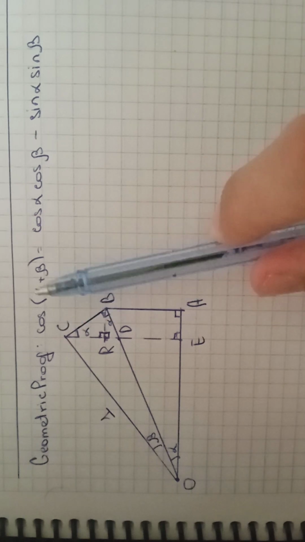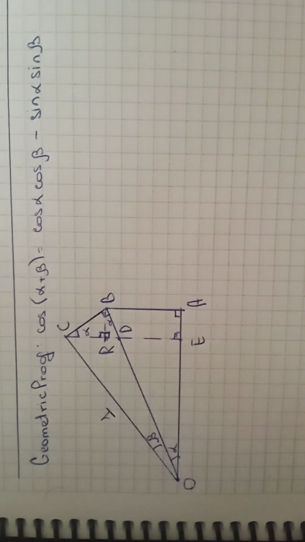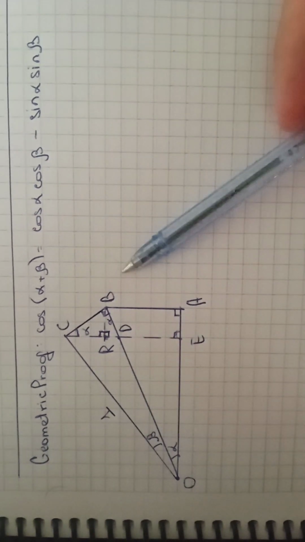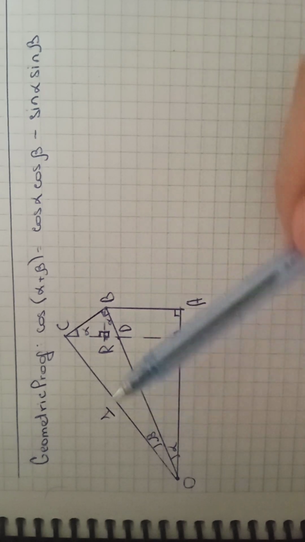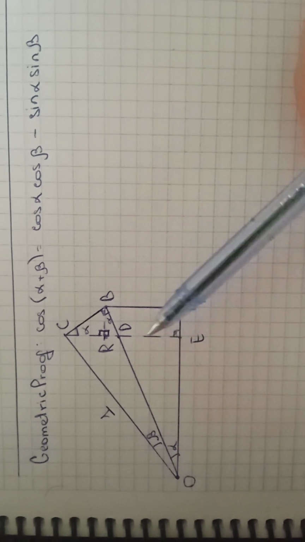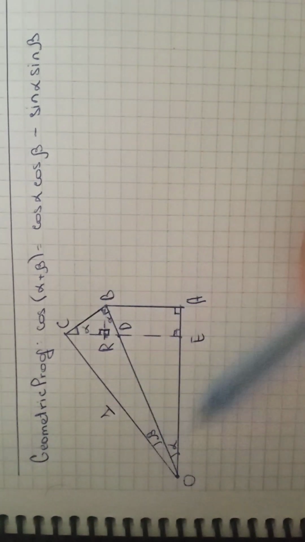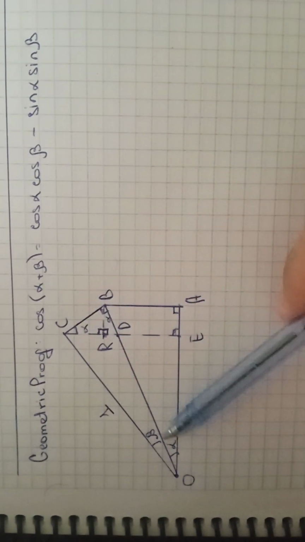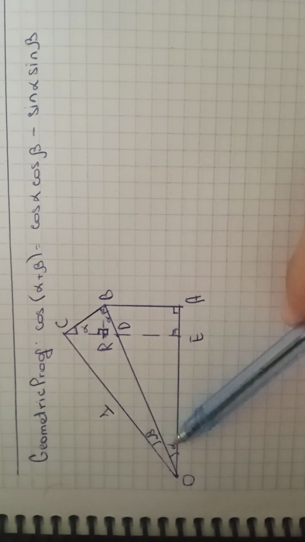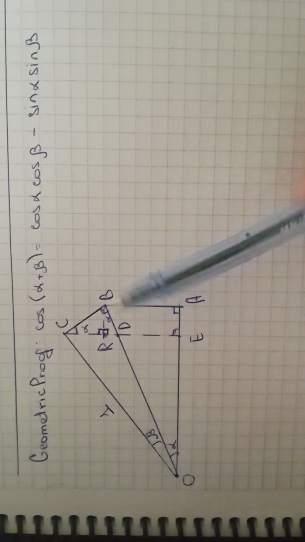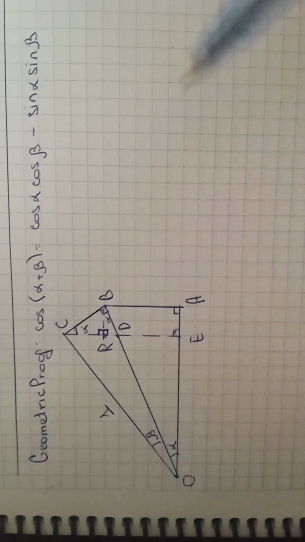So cosine alpha plus beta, what is cosine alpha plus beta in this diagram? Cosine is the adjacent side over the hypotenuse. The adjacent side in this triangle, which forms the angle alpha plus beta, is going to be OE.